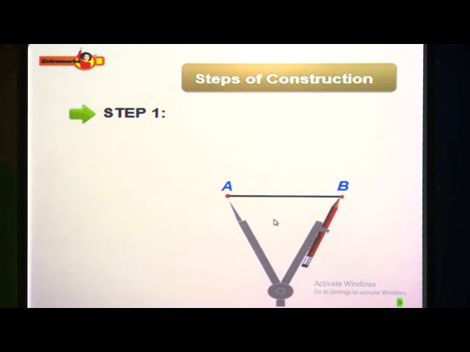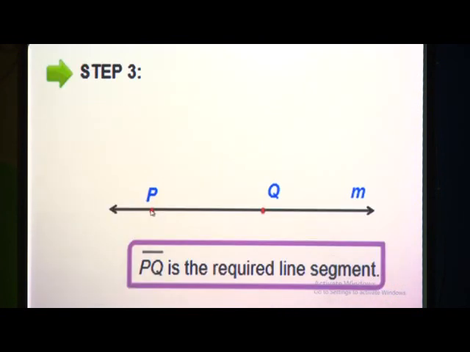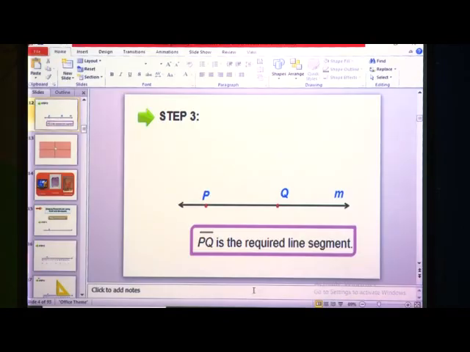The same compass we had taken in the previous step, we place it here, and we get two points on line M, that is P and Q. Thus we have constructed a copy of line segment AB, which is PQ. Thus we can say PQ is the required line segment. So this was about the line segment. Let us see a few examples from the exercise.